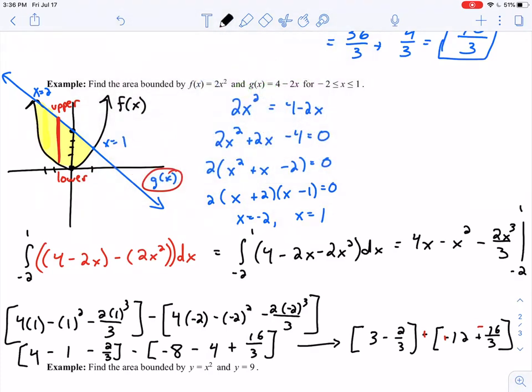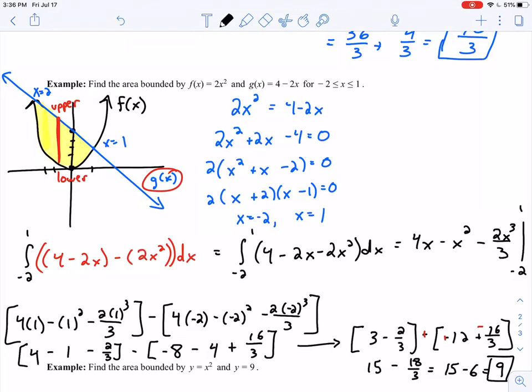So let's see, 3 plus 12, I've got 15, and negative 2/3 minus 16/3, I've got minus 18 over 3. So I have 15 minus 6, which gives me 9. So the area bound between those two functions is 9.